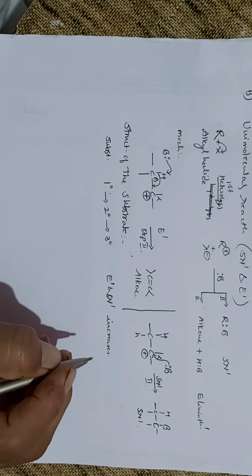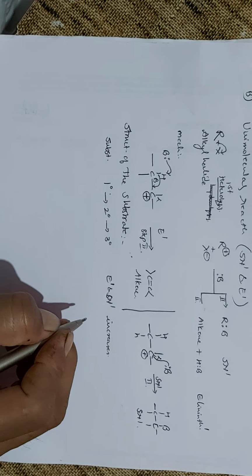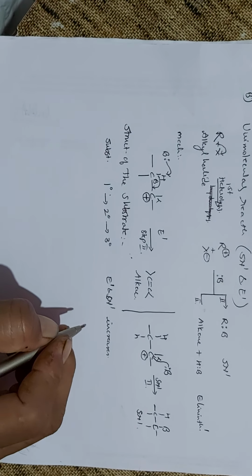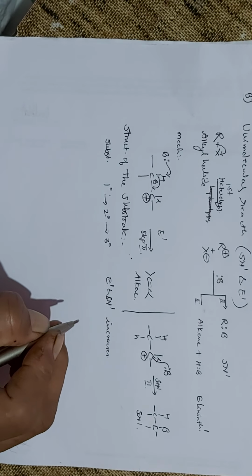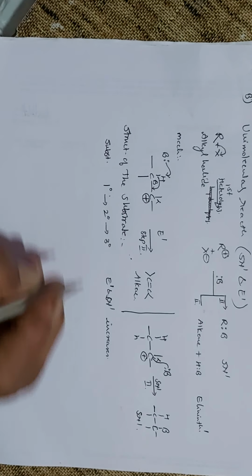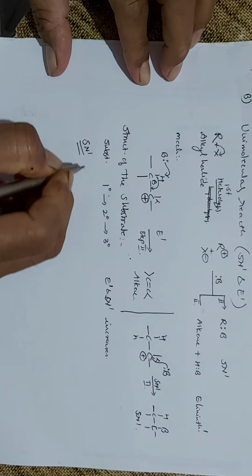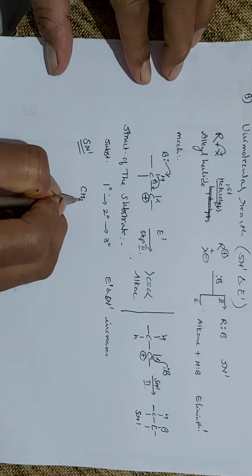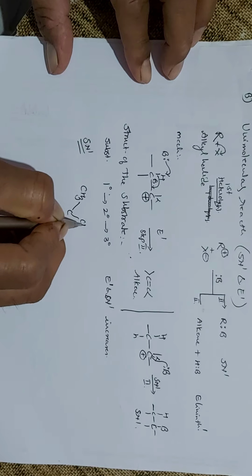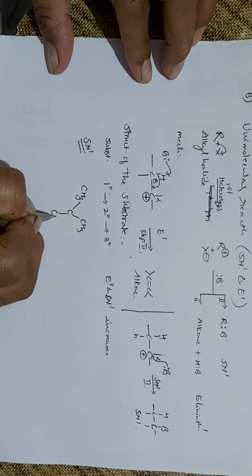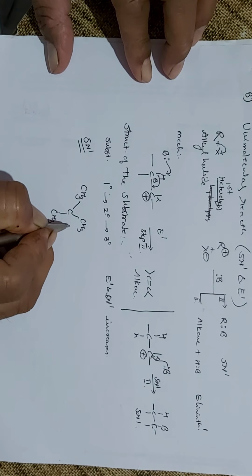But often E1 is more favored than SN1, because in SN1 the intermediate is a carbocation, suppose here it's a tertiary butyl, as tertiary carbocations are more stable.